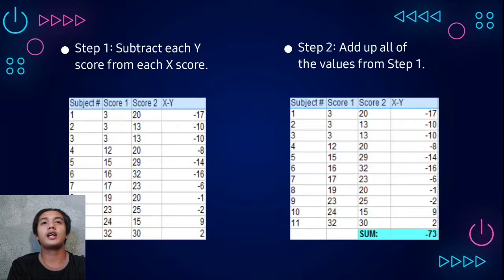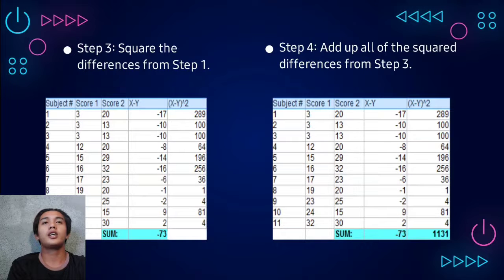The next thing we will do is square the differences from step 1. So, the answers we got for x minus y, we will just square. Negative 17 squared is 289. Negative 10 squared is 100. Negative 8 squared is 64.